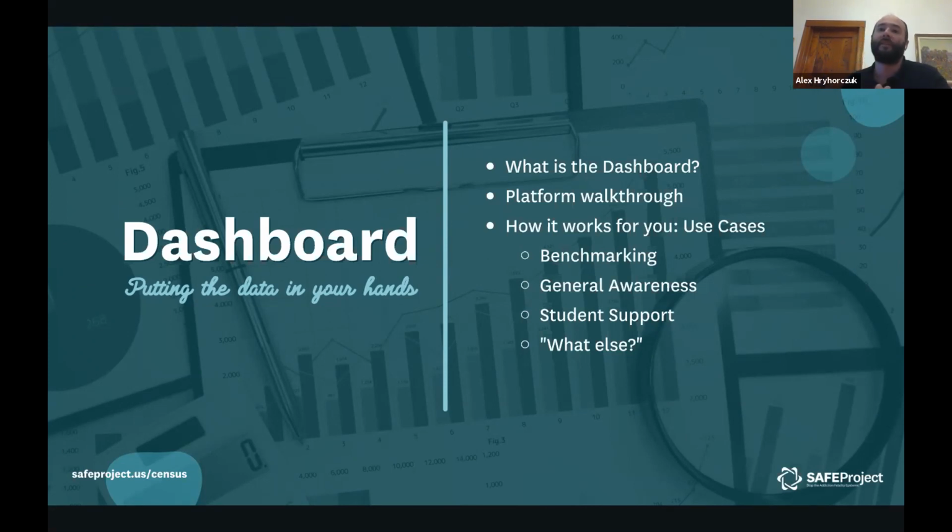Somebody might be coming from a 2-year university and see the landscape of how everybody's responding, but assume these are mostly 4-year universities and this isn't really a great way to benchmark against what our school's needs are. Well, with the dashboard, we're trying to build in those filters for you.